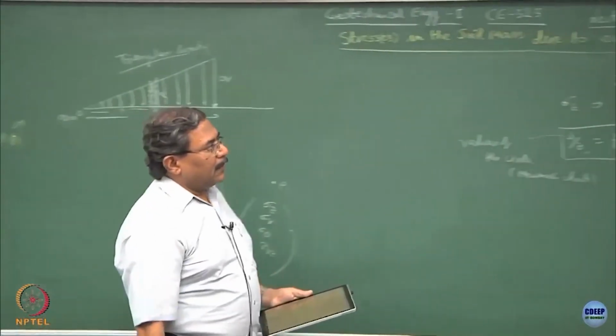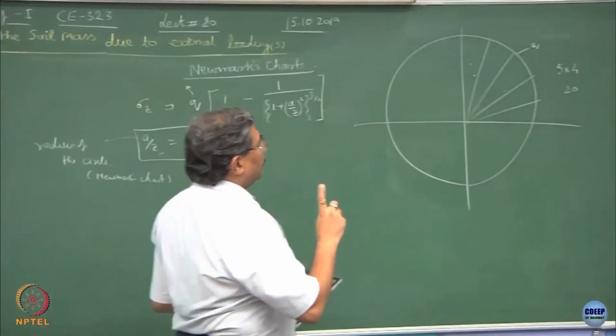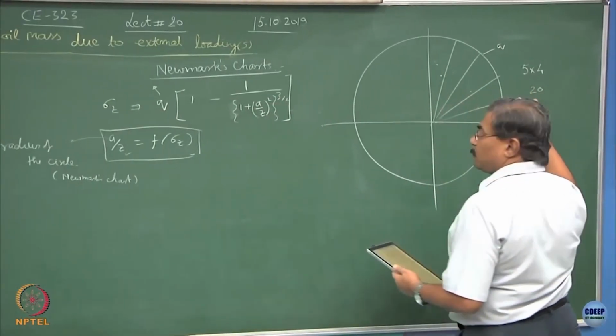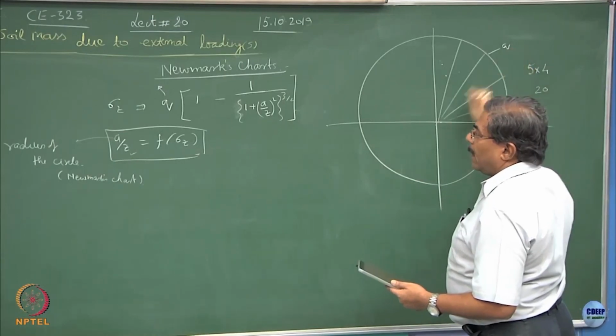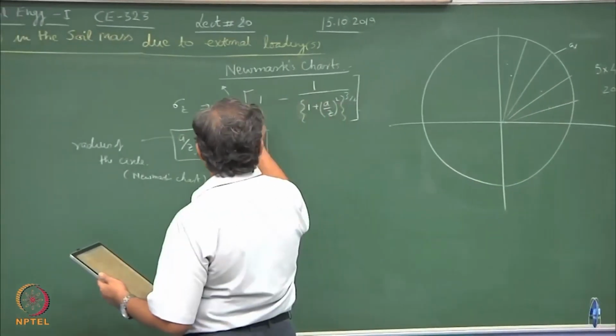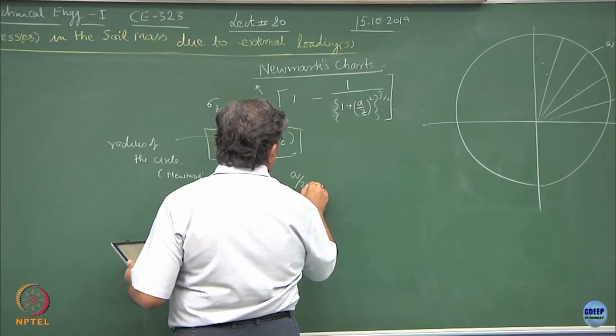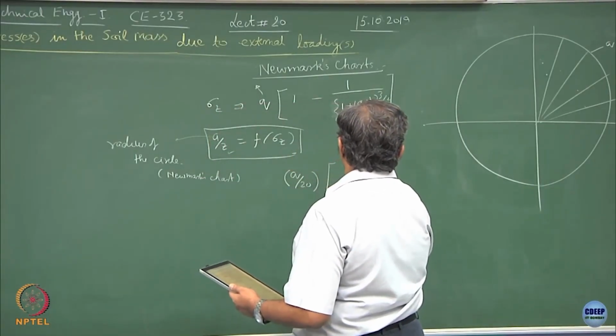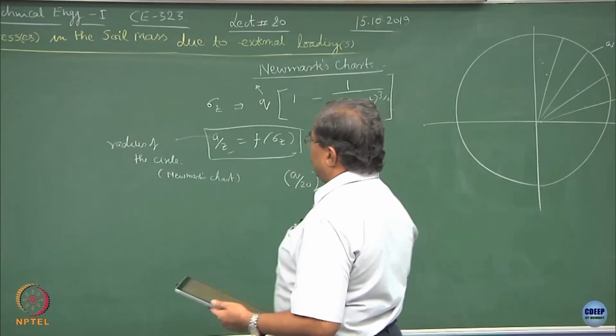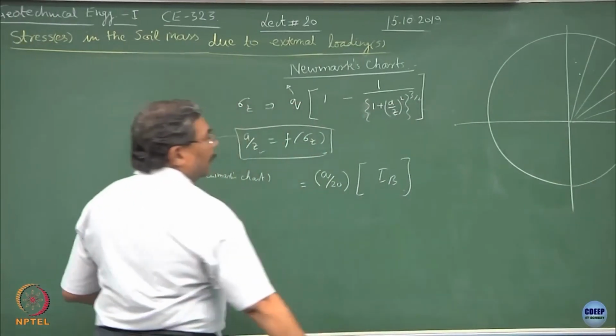That means I am assuming that each of these units corresponds to an equal concentration of q. So, what I can do is this q gets replaced by q by 20, and this remains as the influence factor IB, okay.